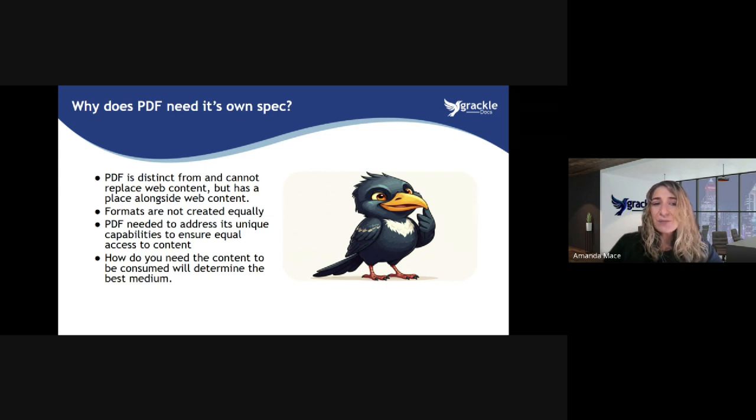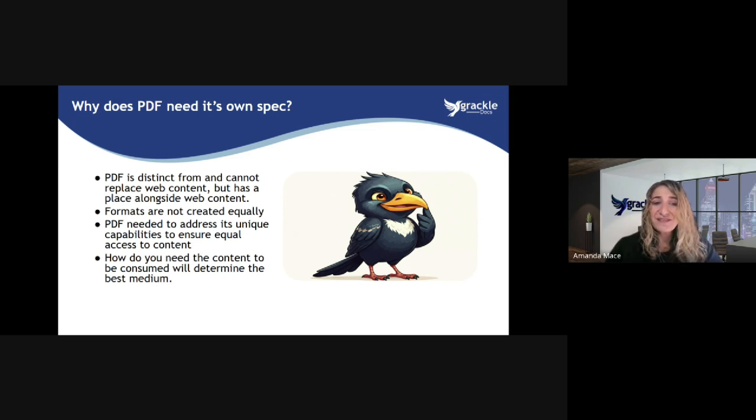So surely we have to have the appropriate format for content, whether that be web or PDF, and have it be accessible in whatever format it is best suited. So people who are working around PDF recognize its unique capabilities that need to be addressed in order to create equal access to the content.